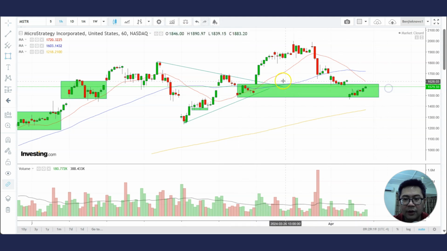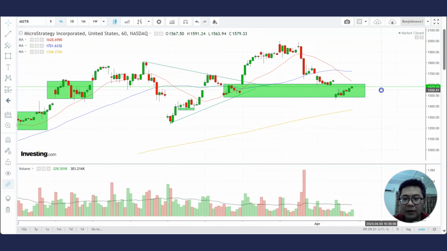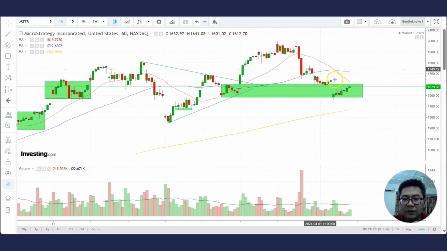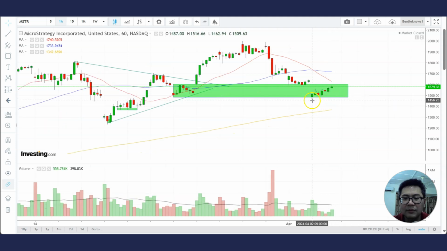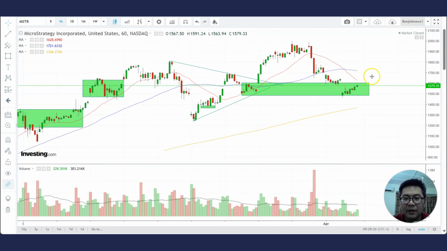The apex of the triangle are support area, which is why you see when the stock gaps down here, we form a small bottoming tail in the hourly chart, but it's able to go up. Now, so if the support holds, if the apex support holds, right, then MicroStrategy has a chance to go back up. So this is triangle. You connect the highs here, the lows here, and the apex is a support area.